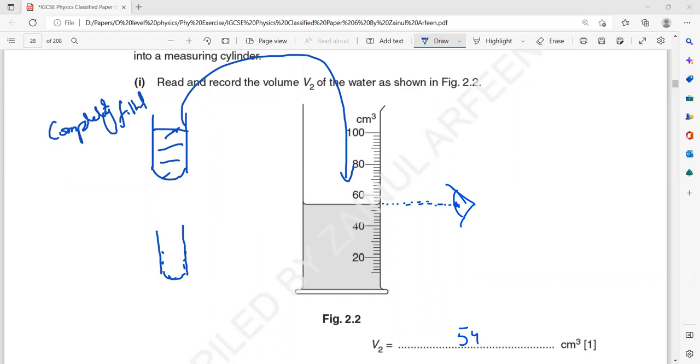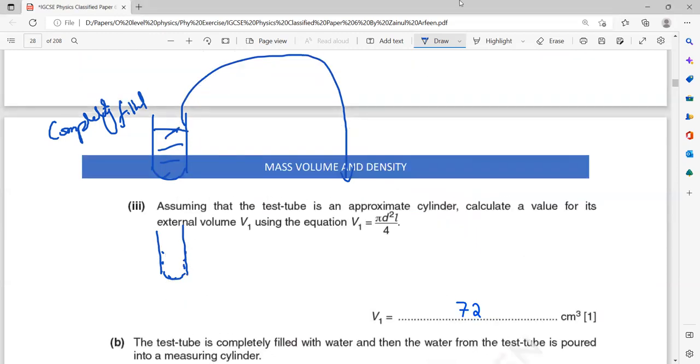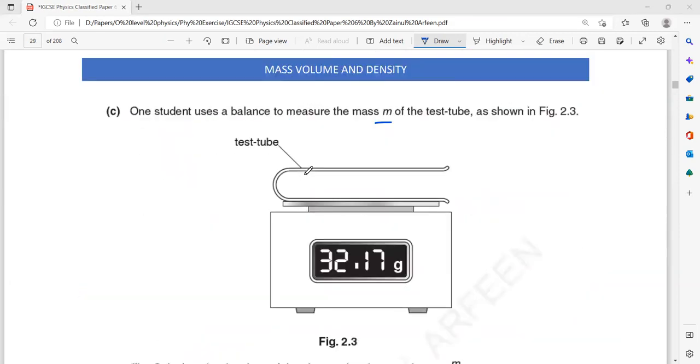Some of the water may remain in the test tube. Another possible source of error: the student measures the mass of the test tube, so there might be some water in the test tube, and then this mass won't be accurate.